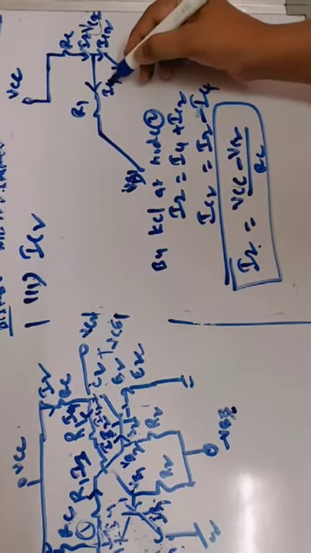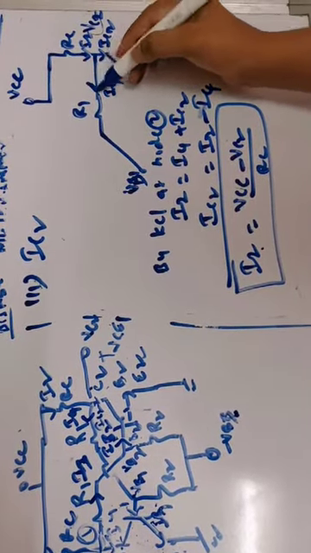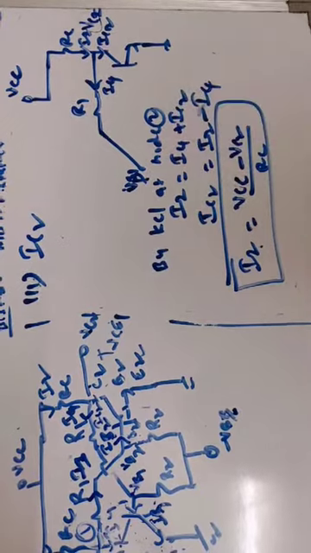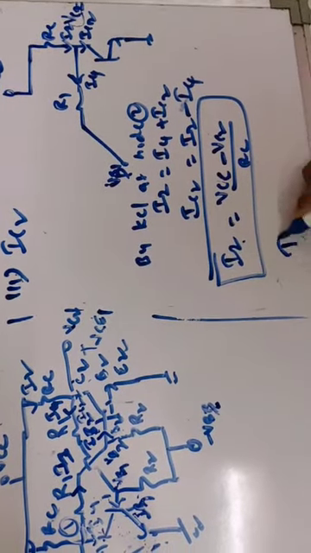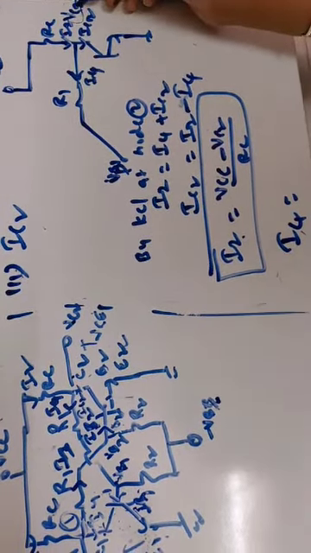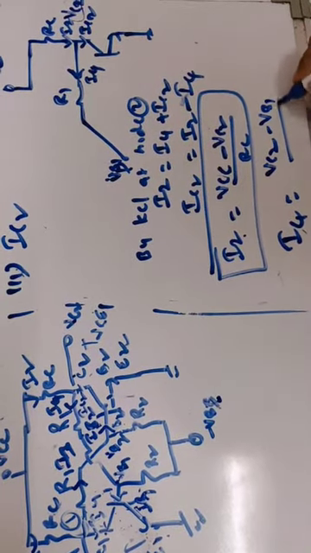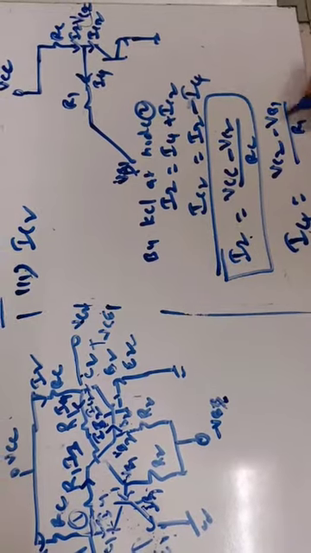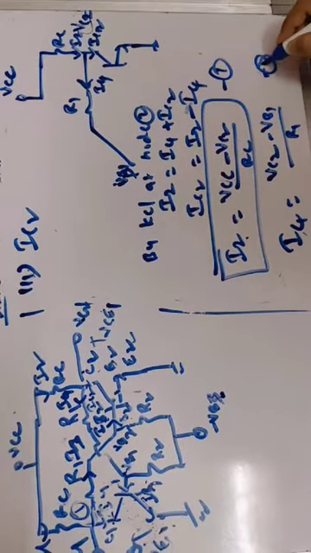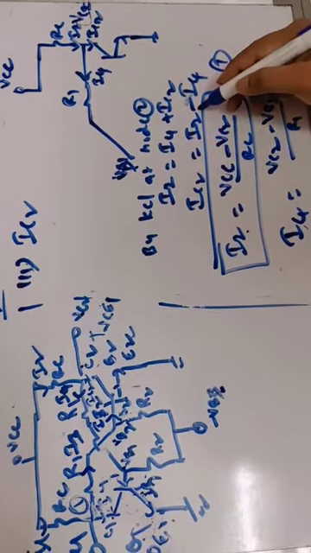What is the current I4? I4 is the current flowing from VC2 to VB1. So we can write the equation of I4 as higher potential minus lower potential, VC2 minus VB1, divided by R1. So we got the expressions for I2 and I4. If you substitute in this equation, we can get IC2.